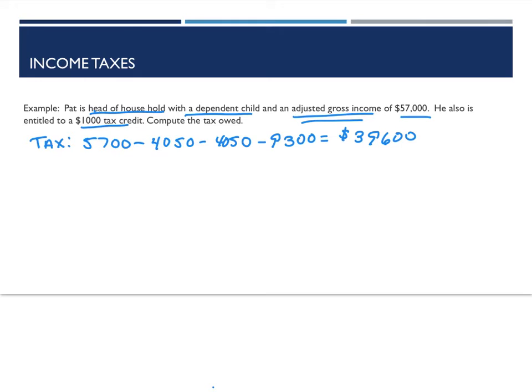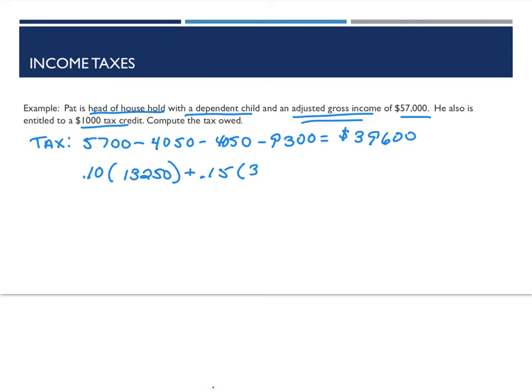So again, we look at the head of household column. This is only going to take us to the 15% bracket. So we start with 10% of the first $13,250 plus 15%. Now he didn't have income up to the top of the 15% bracket.